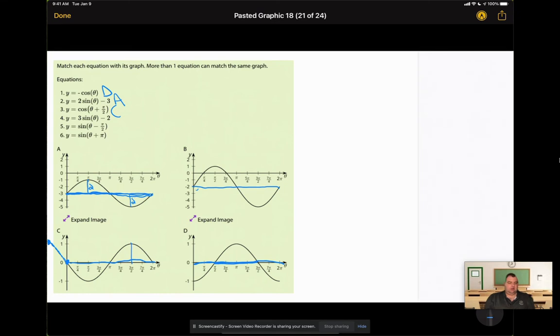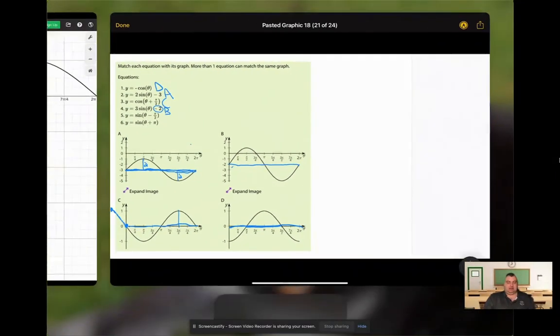Okay. All right, number 4, 3 sine theta minus 2. Remember, this number after the parentheses tells me the midline. So which one of these has a midline at -2? The only one that has a midline at -2 is B. So 4 has to be B, because B is the only graph that has a midline at -2.